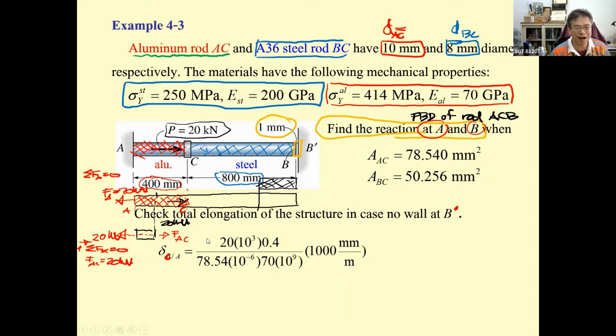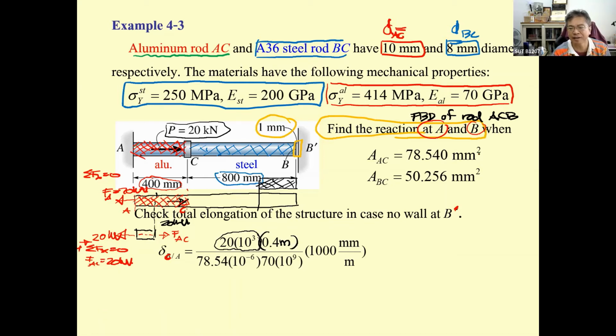So just plug this one in. F sub AC is 20 kilonewton, and this is going to be 400 millimeter, 0.4 meter, and this is the portion of AC.